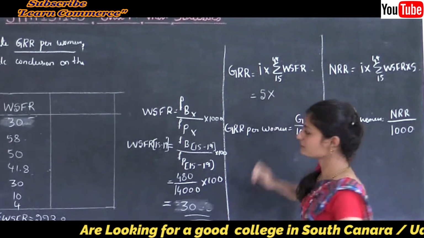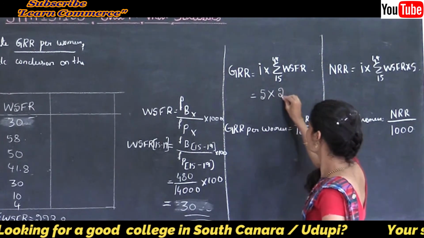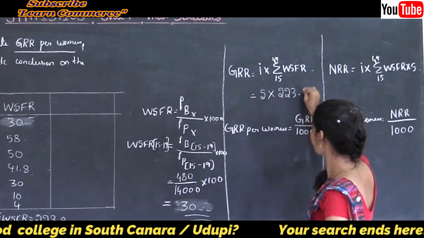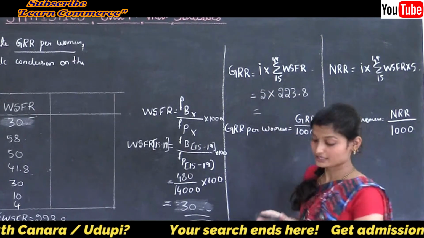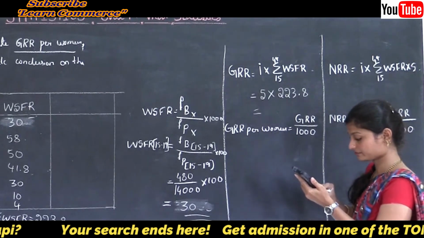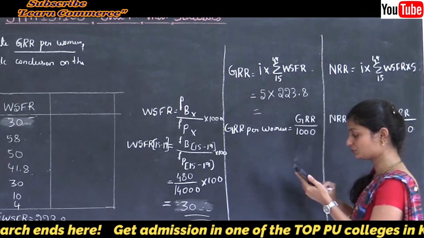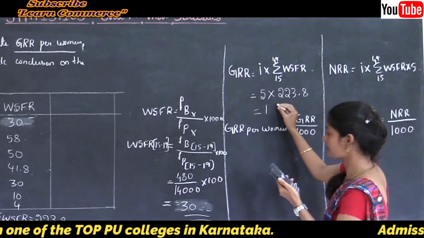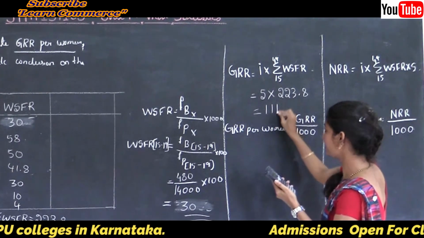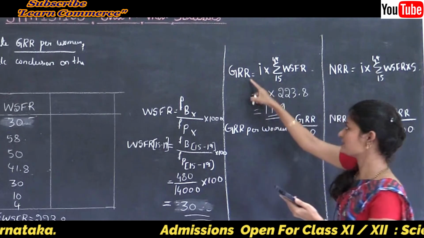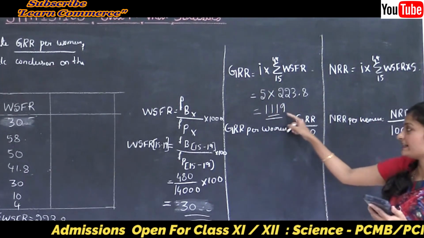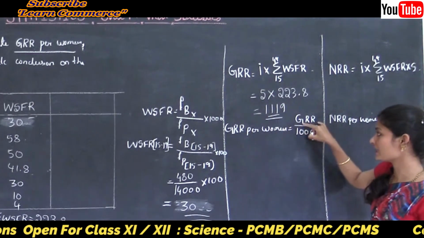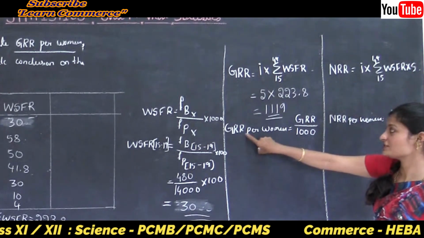5 into sum of WSFR is 223.8. Okay, this is equal to, here GRR is 5 into 223.8 is 1119. So here GRR is 1119. Now I will substitute GRR under the formula GRR per women.